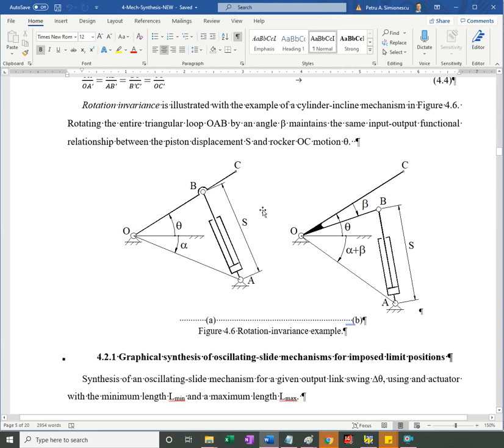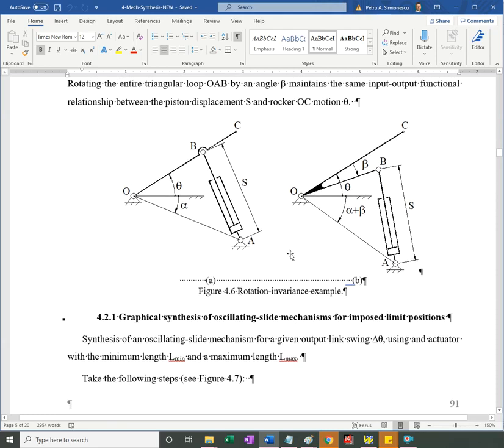You'll get the same swing angle for link OC like you had originally. Okay. Very important, very useful property to be aware of. Again, I had to spend time explaining to the students that you get exactly the same input-output, from input being hydraulic cylinder, output being angle of swing of the rocker.